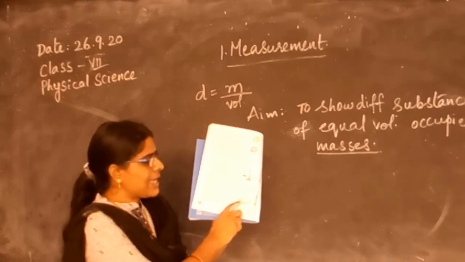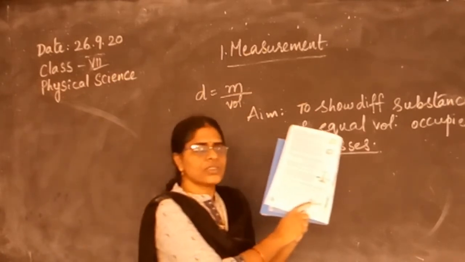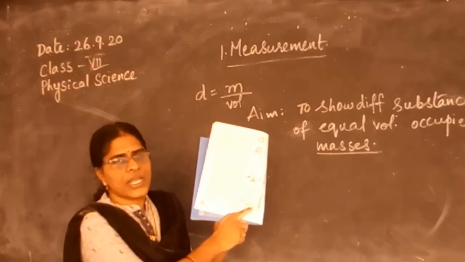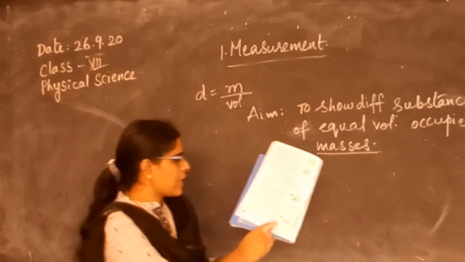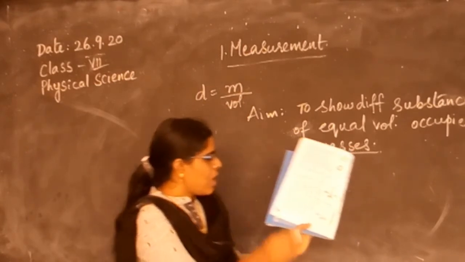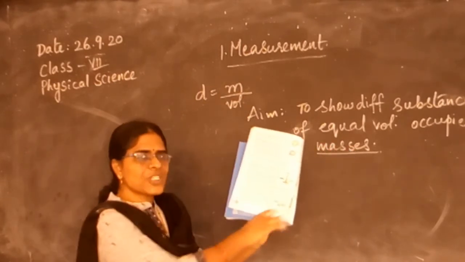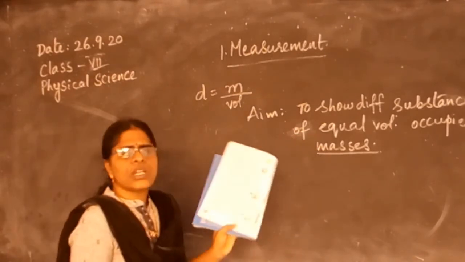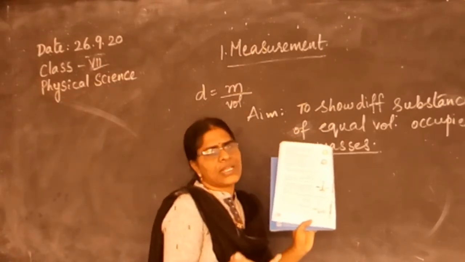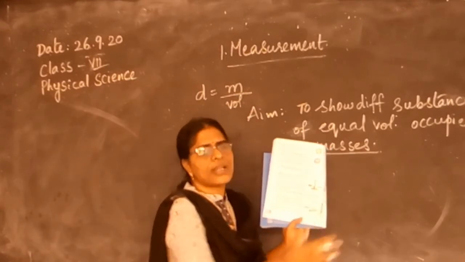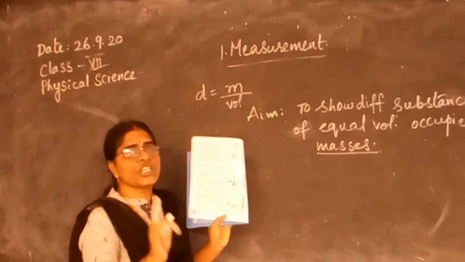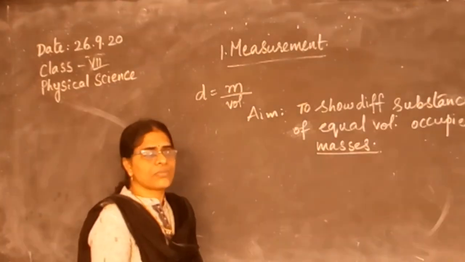In one glass he has filled kerosene, and in the other he has filled water. After filling them, he has placed them in the 2 pans. You can take 100 ml of water and 100 ml of kerosene. Both volumes must be the same.